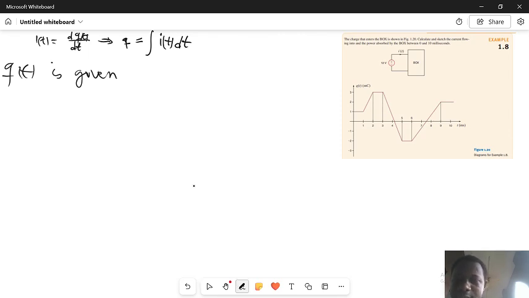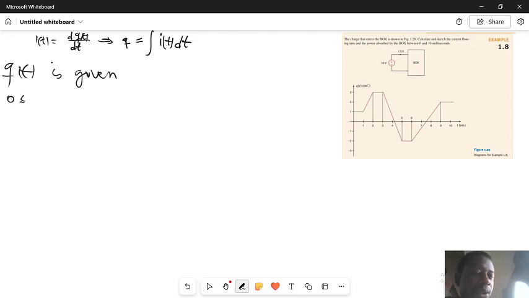Let's see. In this figure, we have the curve of the charge. But we realize that the curve is not the same for all time, so we will determine the charge piece by piece.